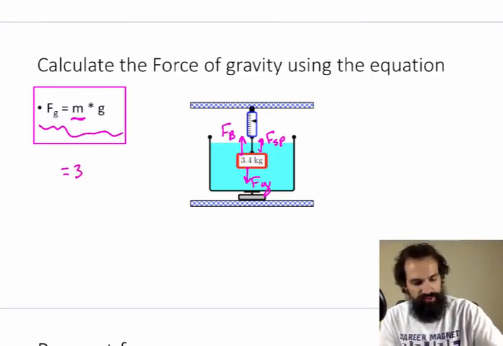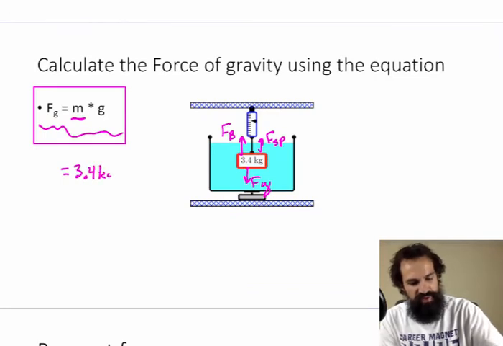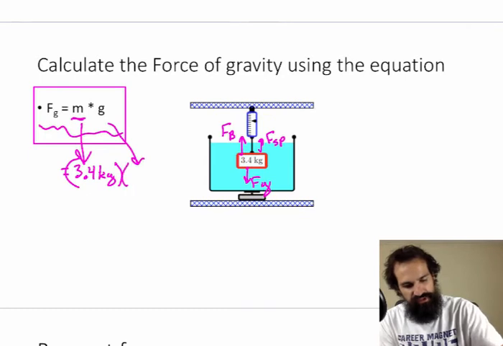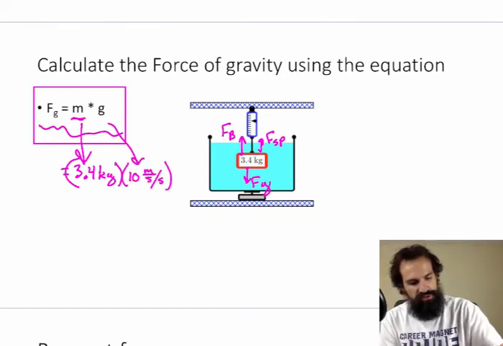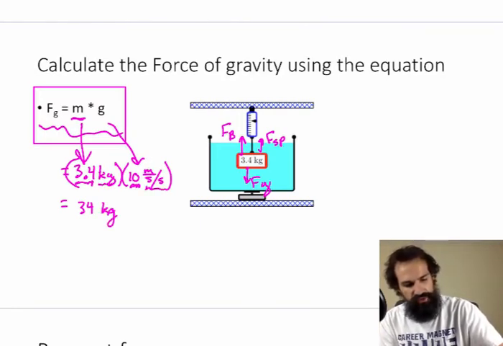So we have 3.4 kilograms. That's my mass. And gravity on Earth is 10 meters per second per second. So then my final answer, you take the numbers, 3.4 times 10, and you get 34. My units, I just multiplied those as well. Kilogram meters per second per second.